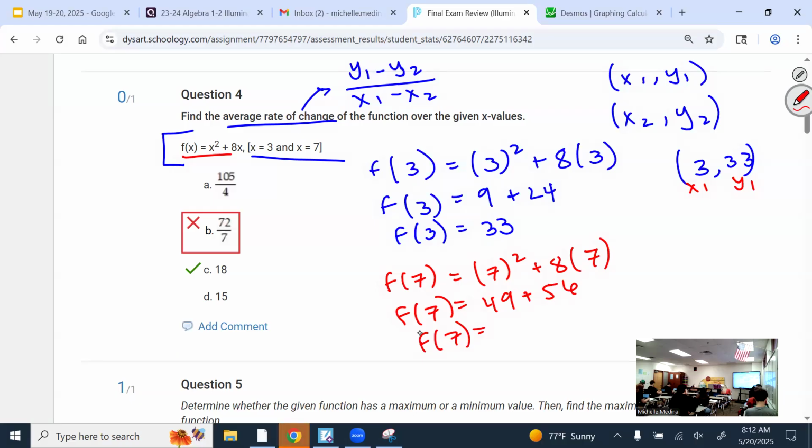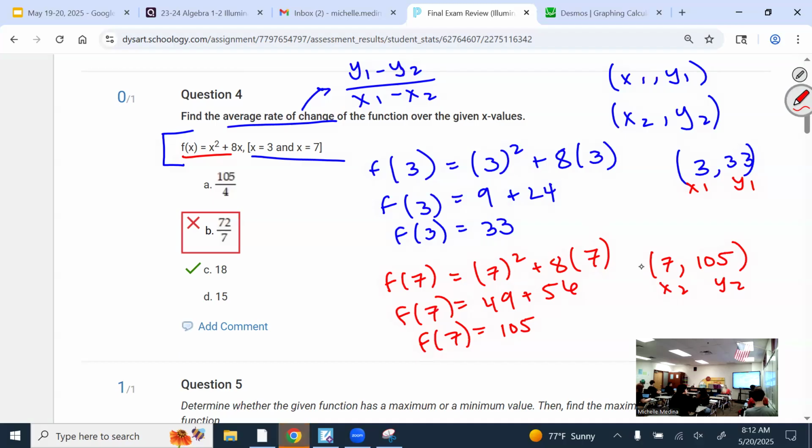Add those together. Let's see if I can do the mental math. 105, I think. Yep. And that makes a coordinate 7 and 105. And we can make that one x2, y2.